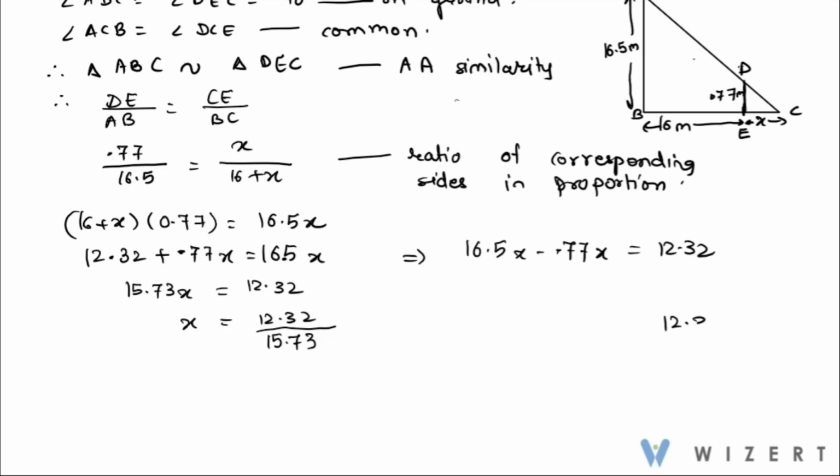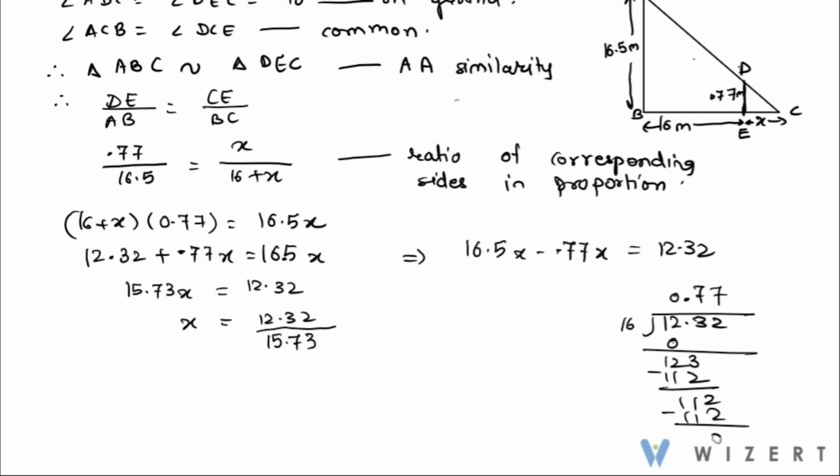So let's see, 12.32 divided by 16. We get 0, then we have 12 here, 0.16. We'll consider 123 now. 16 sevens are 112, 11.